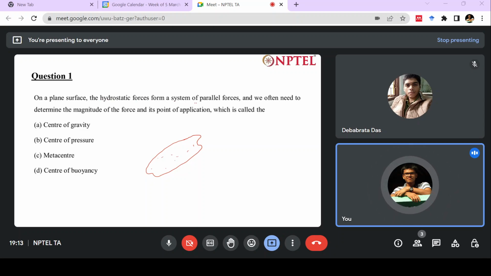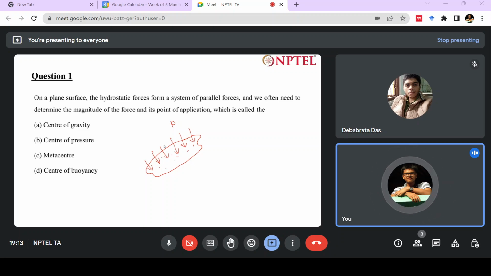Now, hydrostatic forces form a system of parallel forces on this. We know if it is inside a fluid, and we take the surface, then there will be pressure acting normally inwards on this surface, right? We will have pressure, as force per unit area.